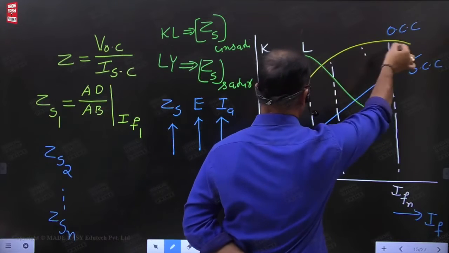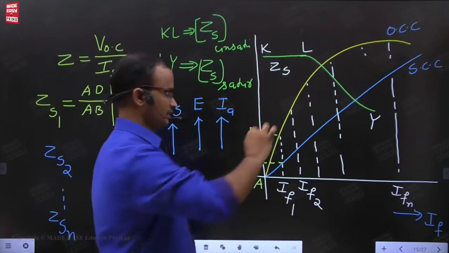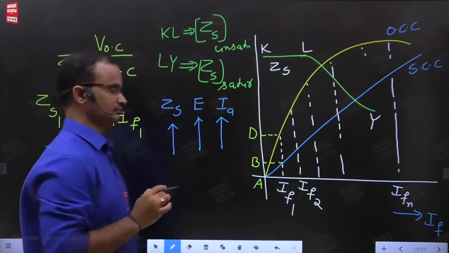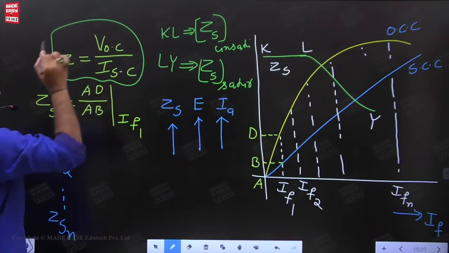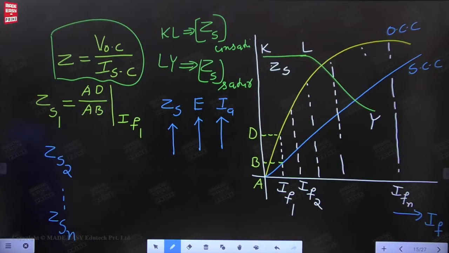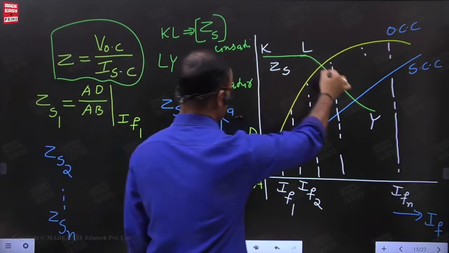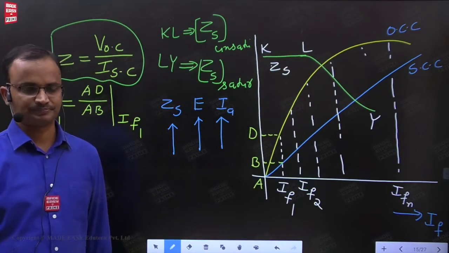The OCC shape of this one is non-linear, but the ACC is linear. Our synchronous impedance depends upon both the voltage as well as the current. That's why, remember, always the saturated synchronous impedance is variable, and the unsaturated is constant. That is the first point.